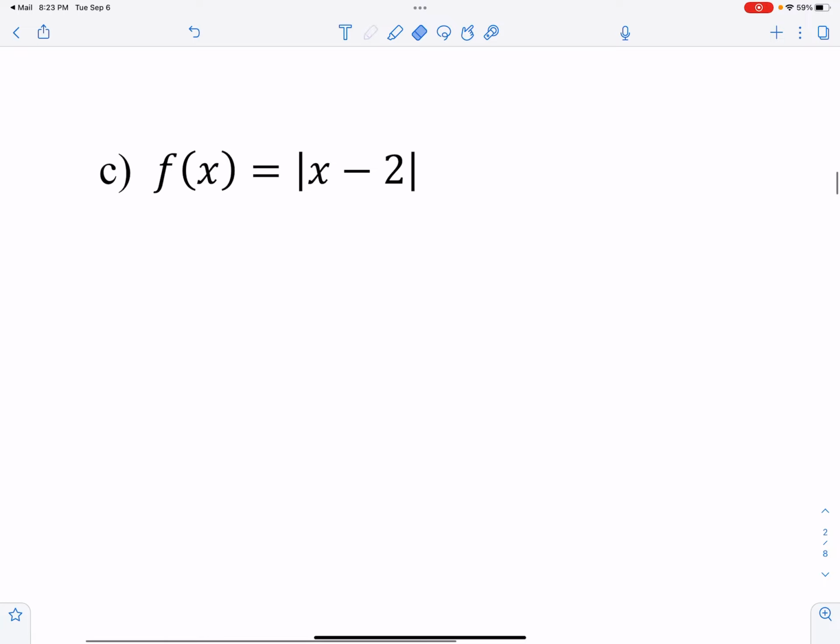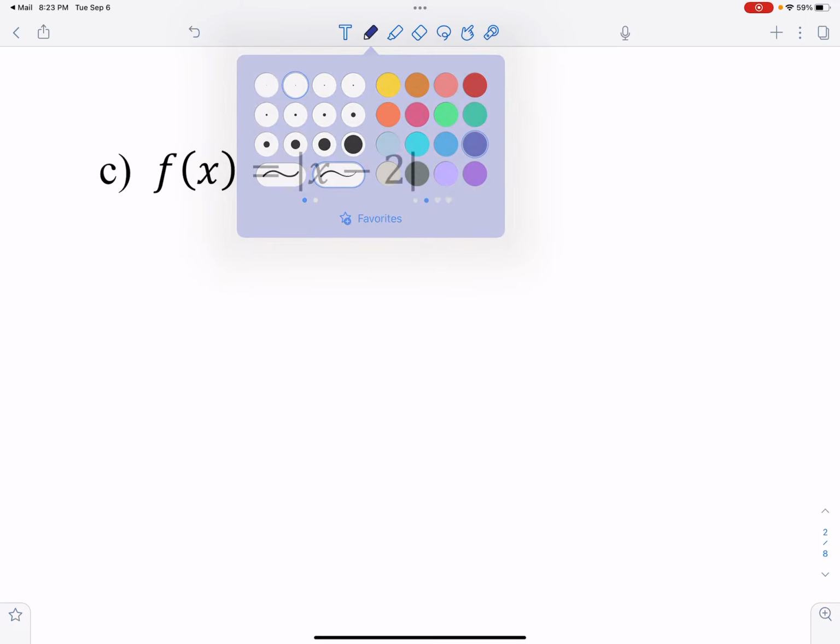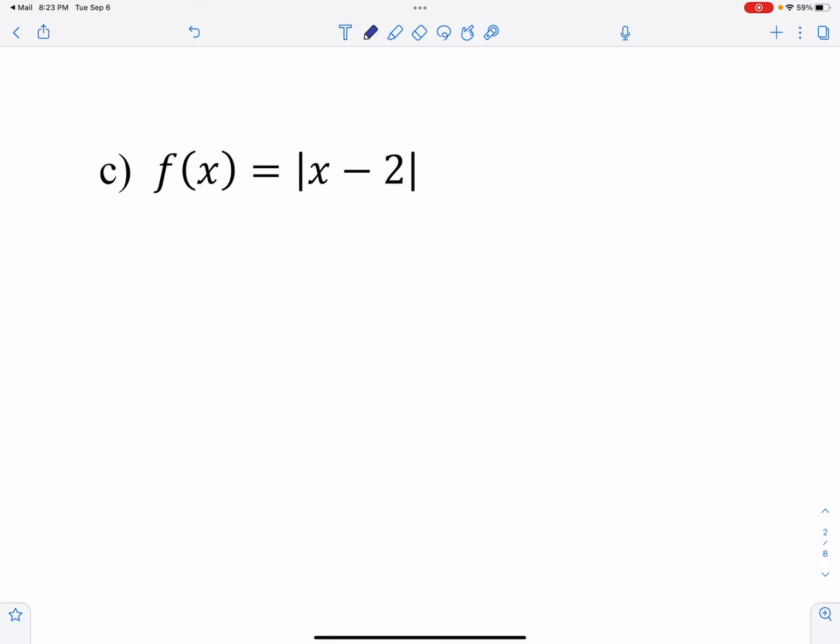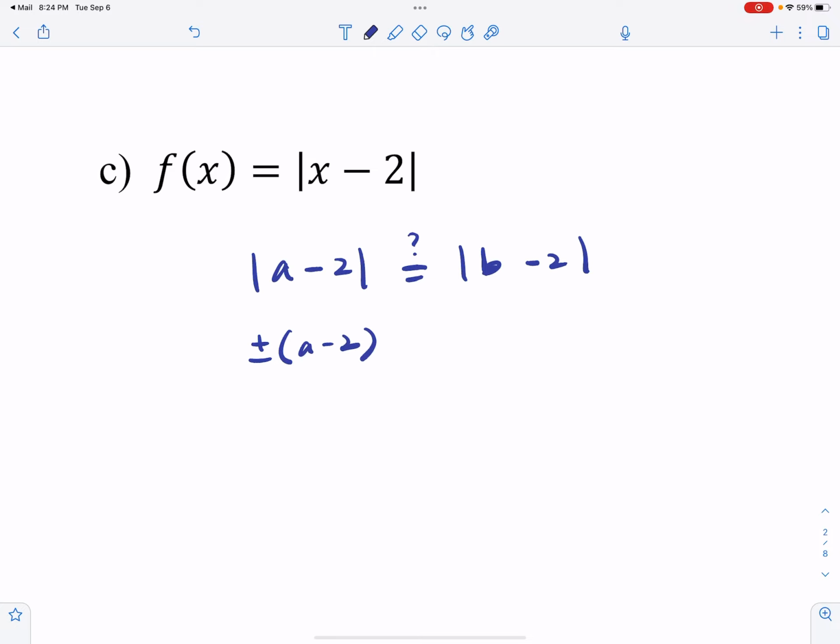Okay, another function that we know is not one-to-one. I want to show you what happens here. So if we have the absolute value of a minus 2 on the left and the absolute value of b minus 2 on the right, whatever is inside the absolute value bars could be positive or negative, because the absolute value represents the distance of whatever is in the bars from 0. So like a minus 2, that quantity could be positive or negative.